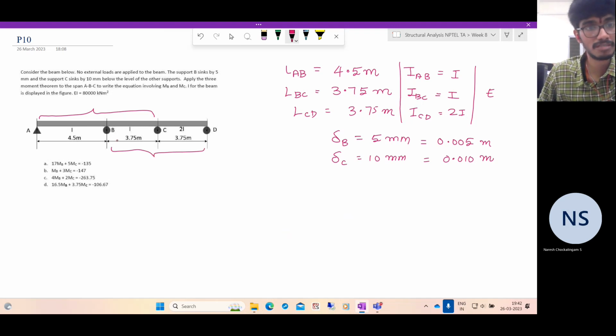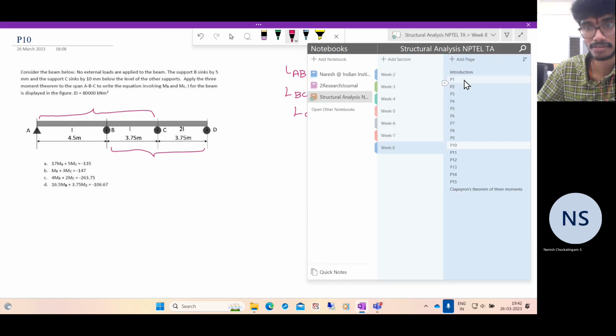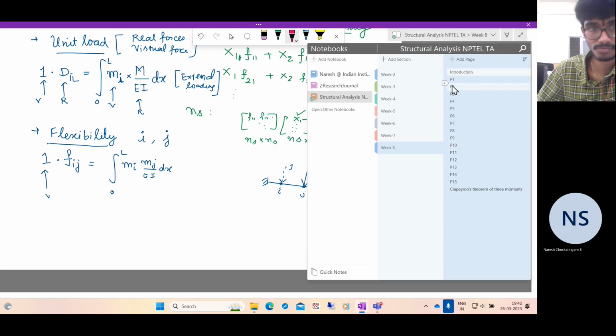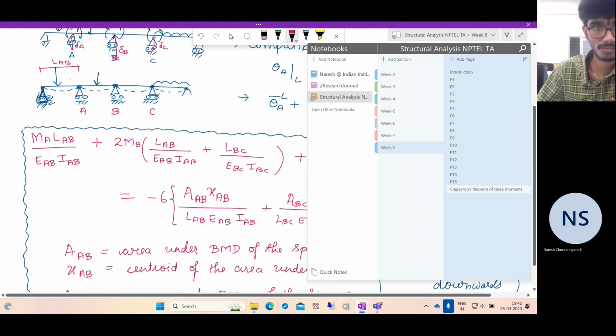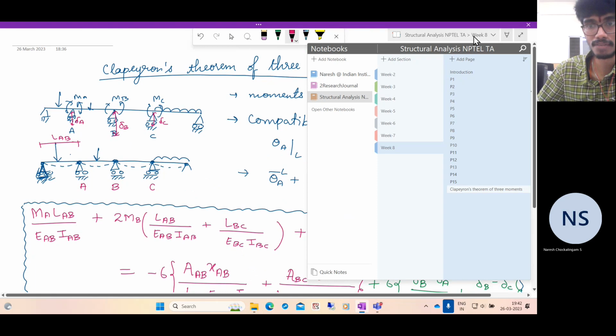We have two unknowns, By and Cy, and two equations: one is a three moment equation for the span ABC, and the other is for the span BCD. What is the three moment equation? Let me bring it from the first introductory lecture. This one, Clapeyron's theorem of three moments.